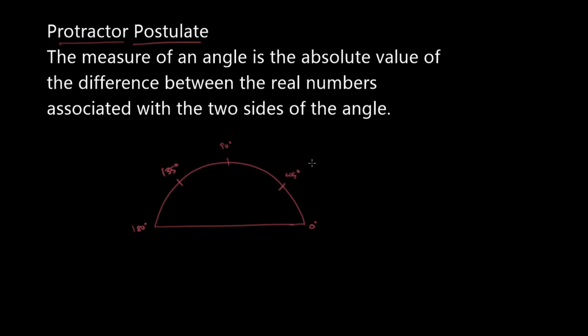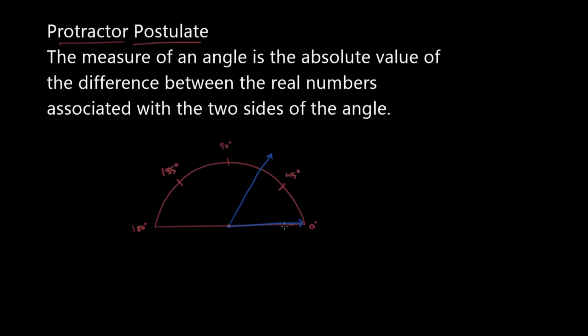And so what it means is that if I have an angle that's centered here at the center of my protractor, the angle's measure will just be the absolute value of the difference between the two real numbers associated with the two sides.